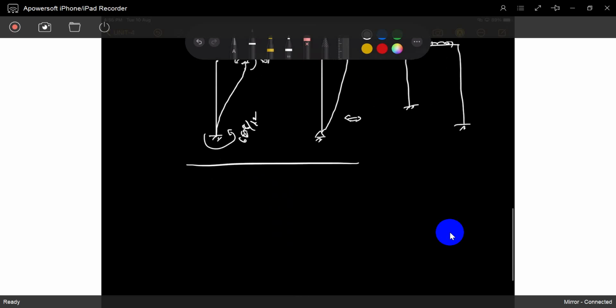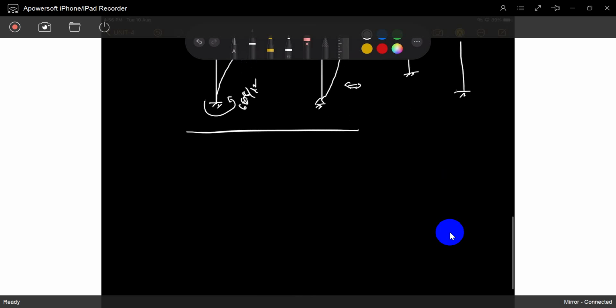So today we will take one or two problems. First we will consider eccentric loading.